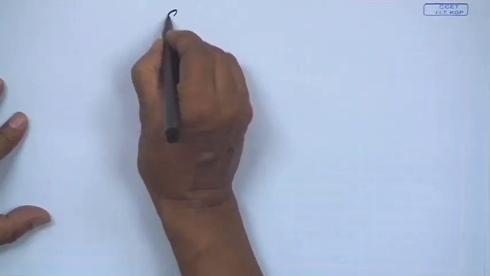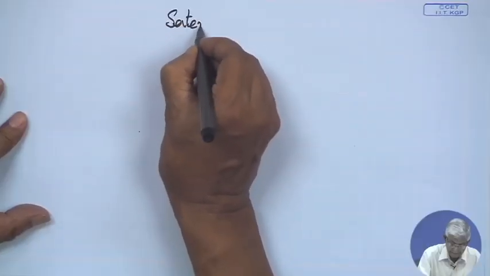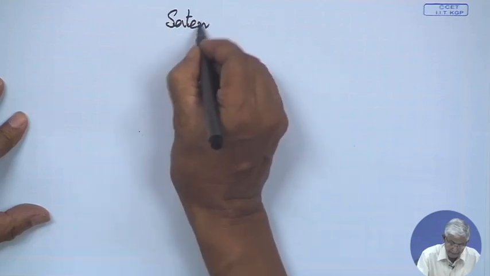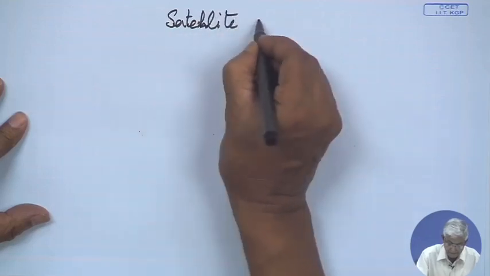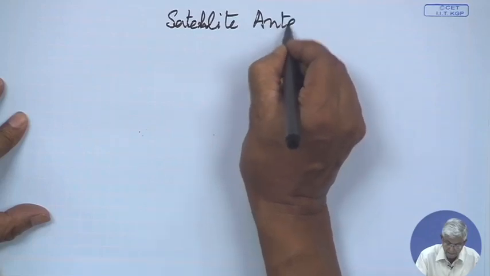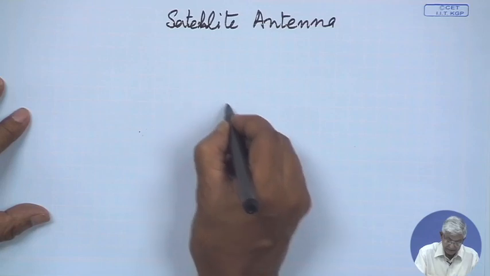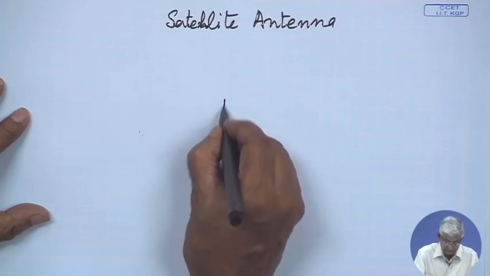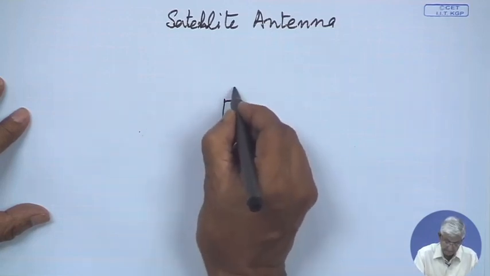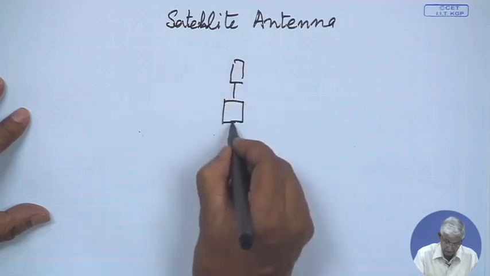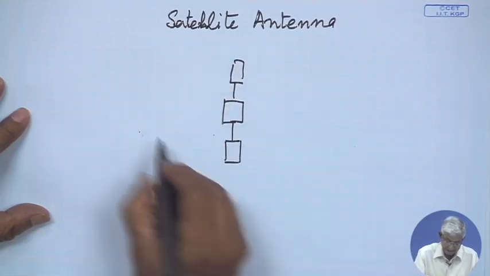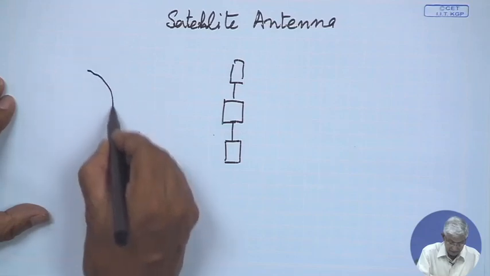Now, let us see the scenarios, which are in two directions. One is the satellite antenna. Let us say this is the satellite, these are the solar panels, and here is the ground.